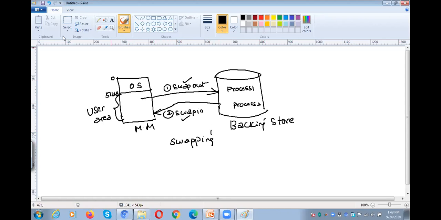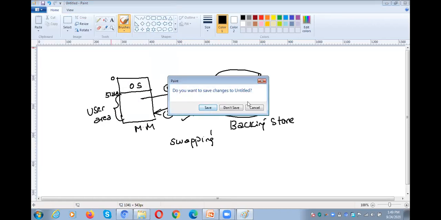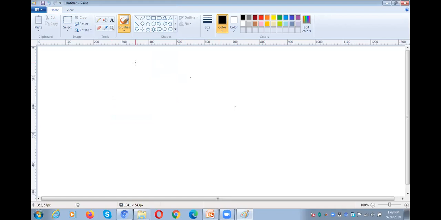After that, what do we need to discuss? Contiguous memory allocation. This is the next topic.